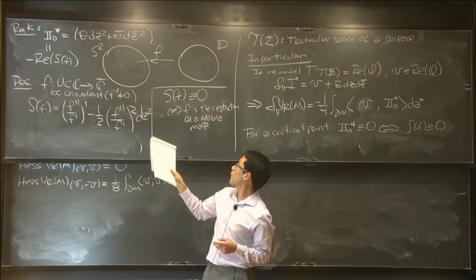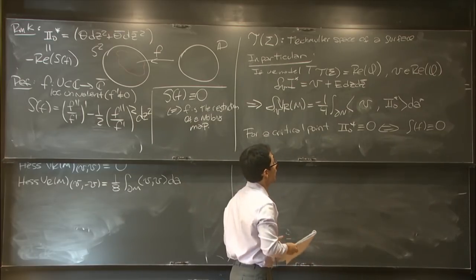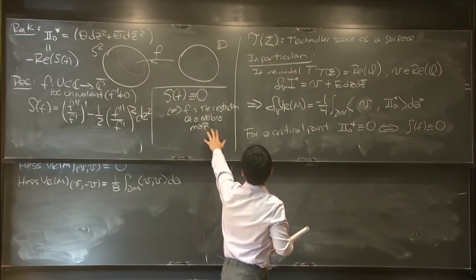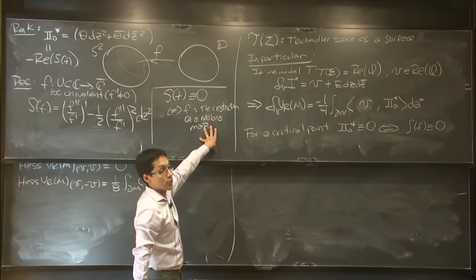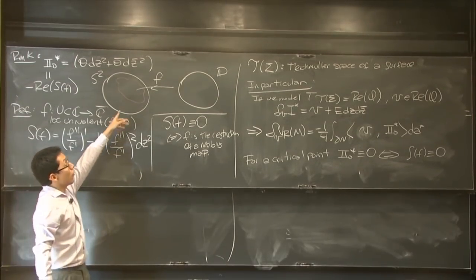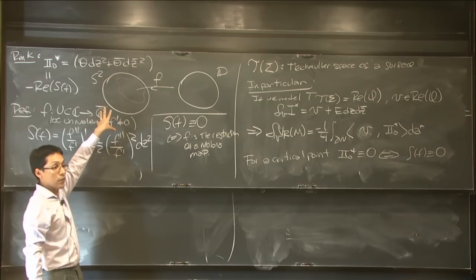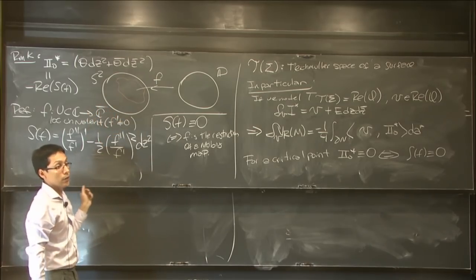Right, because we're concluding that for this holomorphic quartic differential, its real part needs to vanish identically. But if the Schwarzian vanishes identically, we know it needs to be the restriction of a Möbius map. So in particular, at a critical point for renormalized volume, all these regions are not only going to be topological disks, but honest round disks in the sphere.